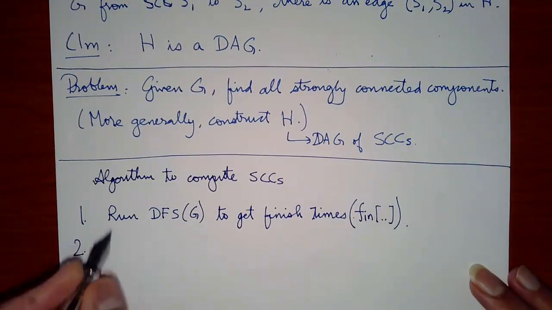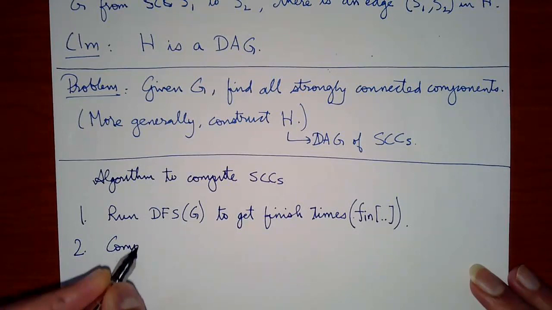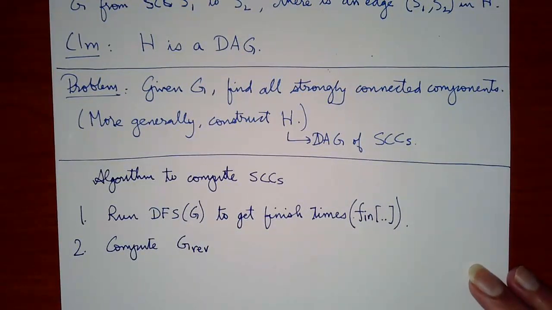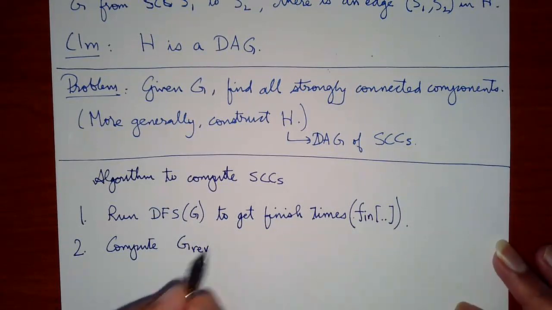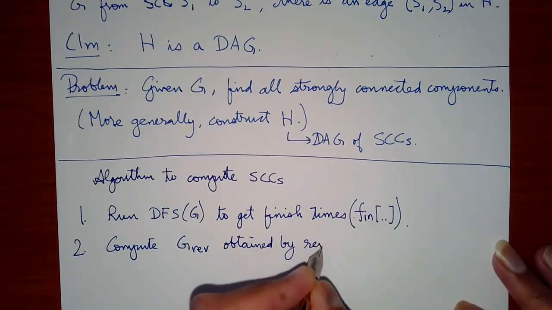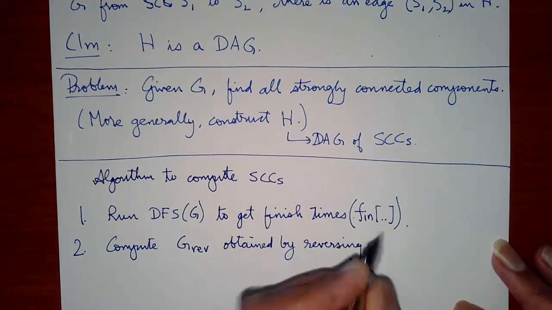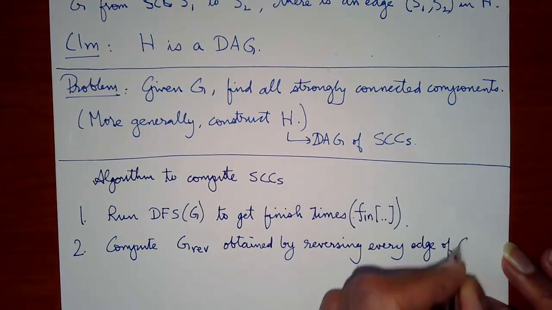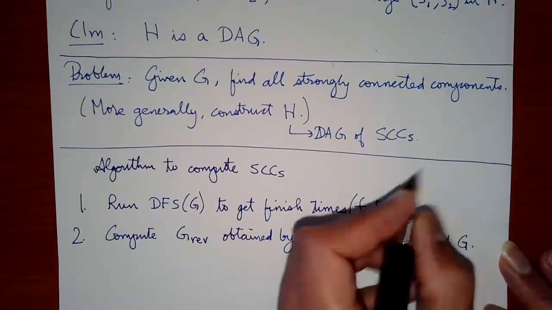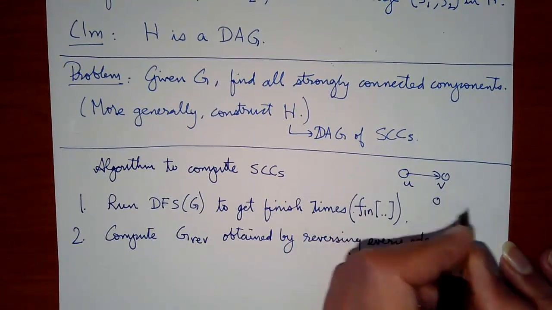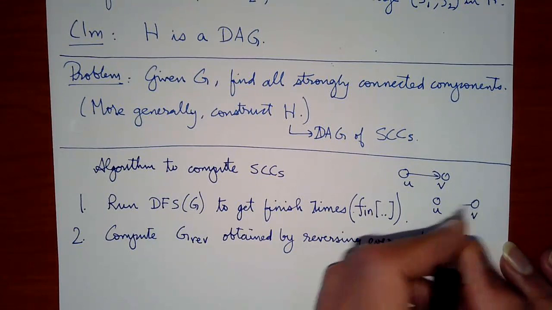Now, what we'll say is compute G reverse, obtained by reversing every edge of G. What that means is, if you have the edge (u, v) in G, then in G reverse you have the edge (v, u).